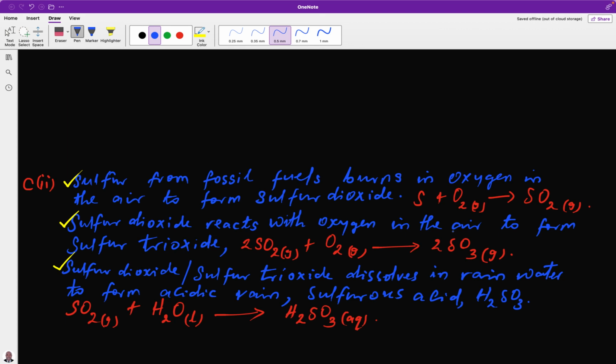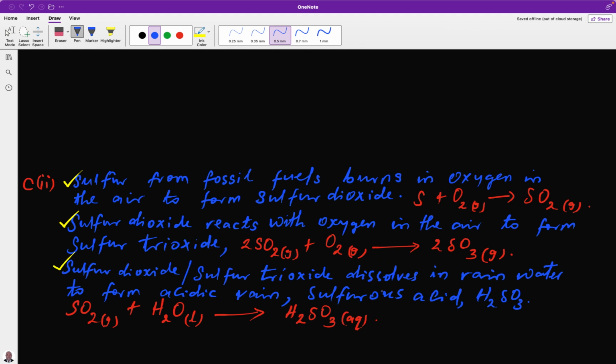So I write: sulfur from fossil fuel burns in oxygen in the air to form sulfur dioxide. This is the equation. The sulfur dioxide will react with oxygen in the air to form sulfur trioxide. This is the equation. Sulfur trioxide dissolves in rainwater to form acidic rain, usually sulfuric acid.